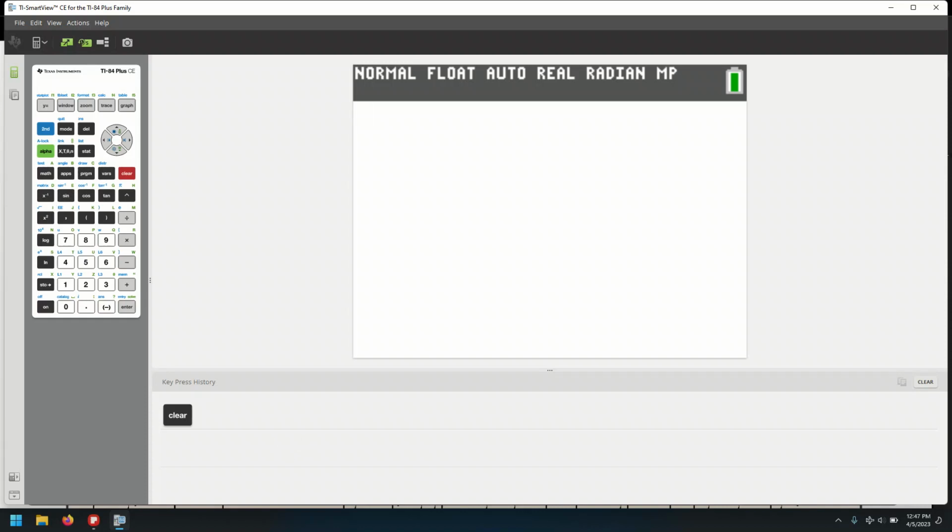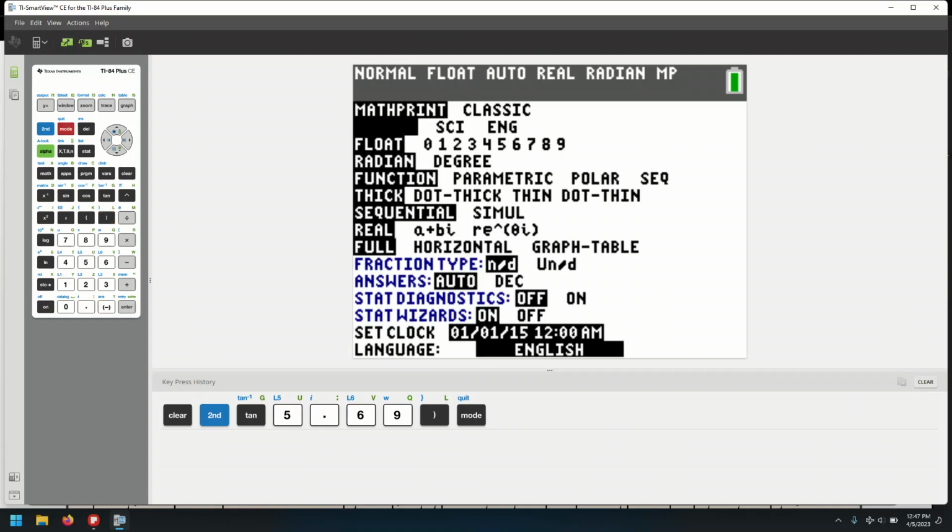However, the inverse trigonometric functions are in blue on the graphing calculator. That means that we need to press the second command. So second tangent, that's to get the inverse tangent function of 5.69. All right, let me close parentheses, and first let me check which mode I'm at.